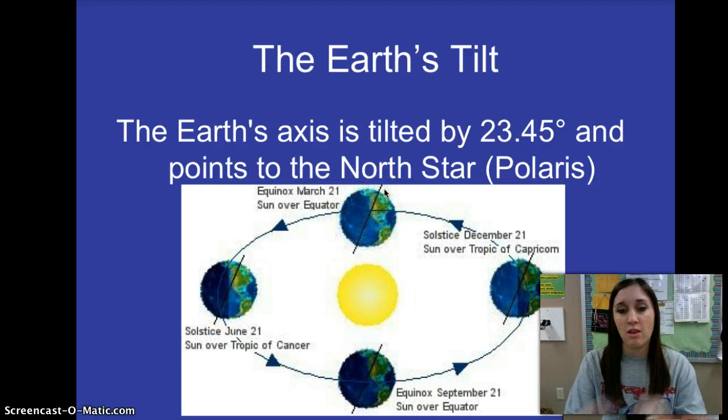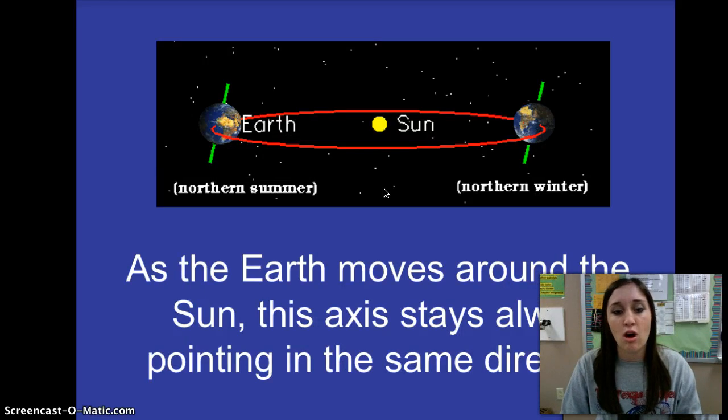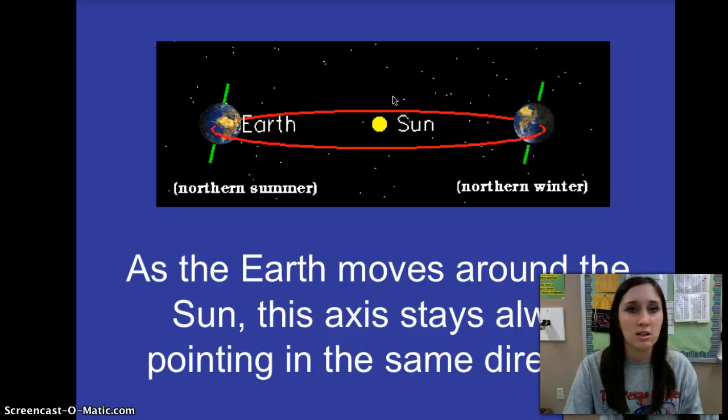It may be pointed the other way in a different diagram. As the Earth moves around the sun, the axis always points in the same direction. Right here, you can see it's pointed this direction. Once it moves around the sun, it's not going to change the direction the axis is pointing, because remember, it always points to Polaris, which is the North Star.